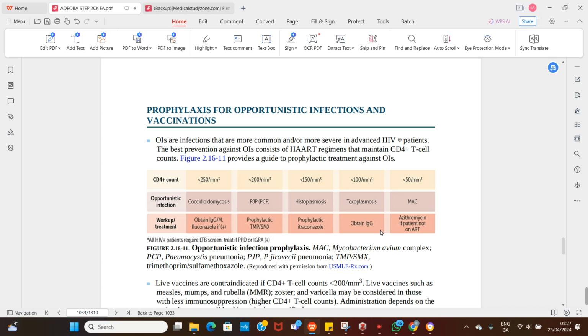So PCP, histoplasmosis, Mycobacterium avium.